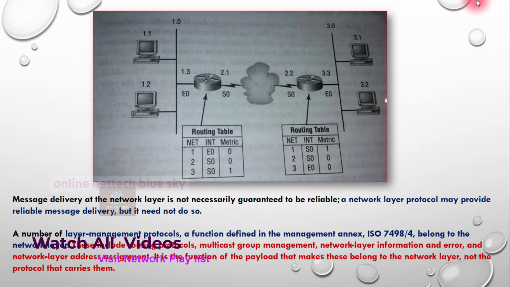Okay, a number of layer management protocols and functions are defined in the management annex. So you can see here, ISO 7498/4, this standard covers routing protocols and some service protocols that belong to the network layer.